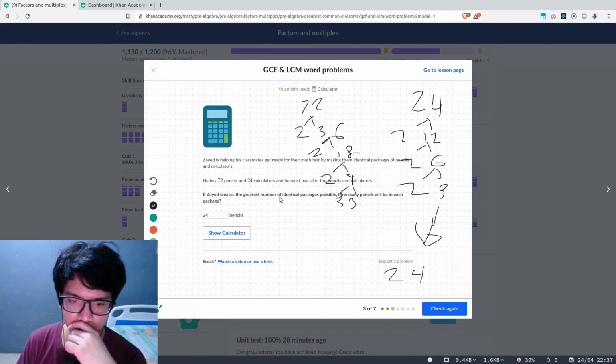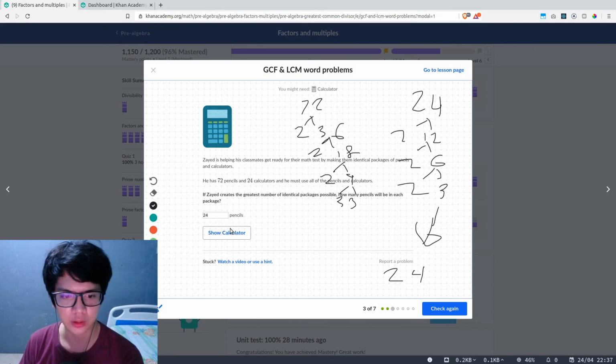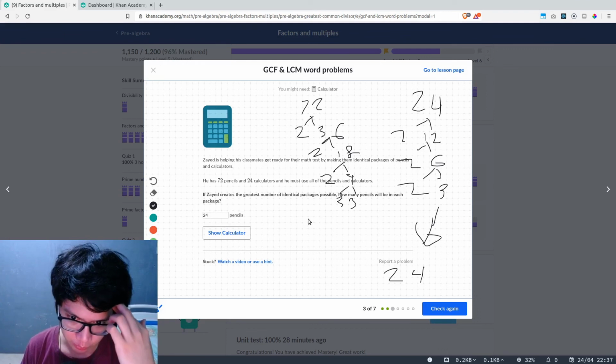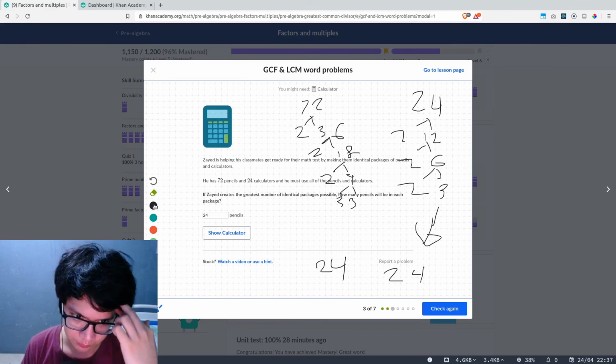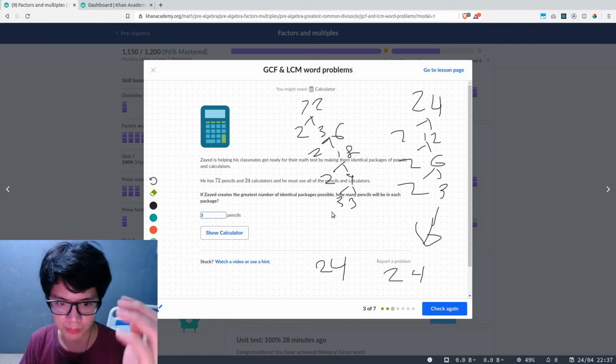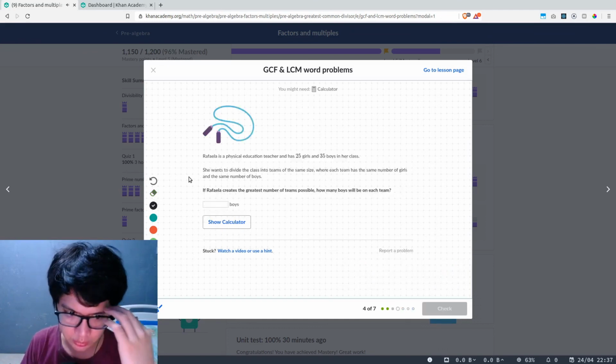So if pencils will be in each package, 24 pencils. Why is this correct? Why is this incorrect? So if we have, oh shit, I think it's because we have 24 packages. And then no, we don't have 3 packages. We actually have 24 packages, and in each package we have 3 pencils. Oh shit.